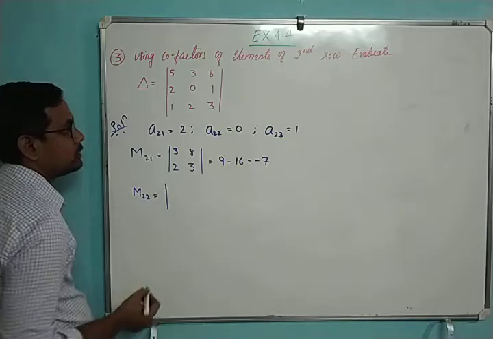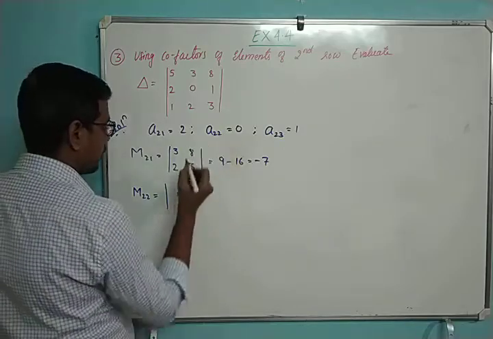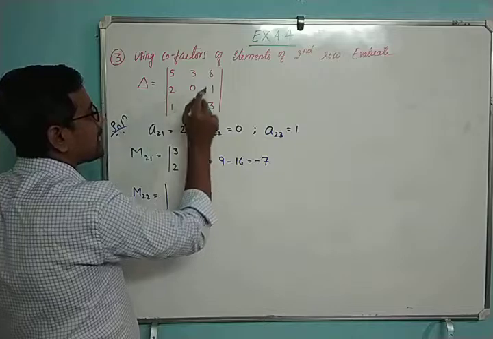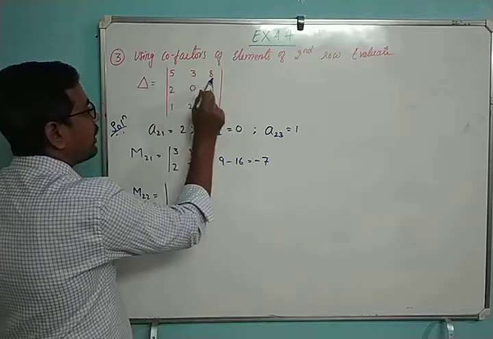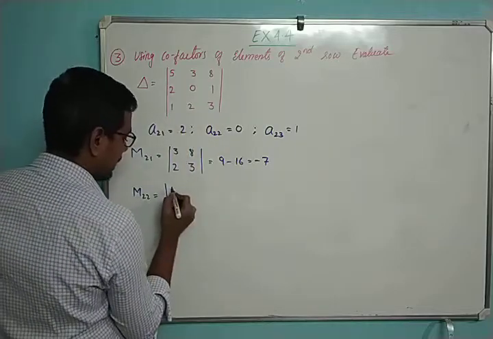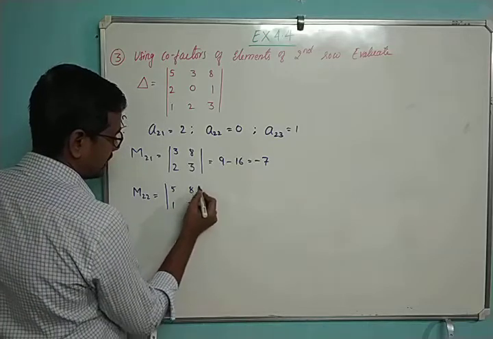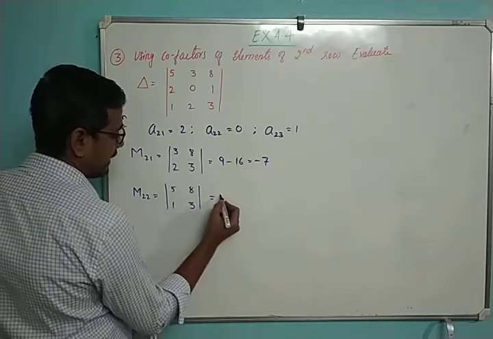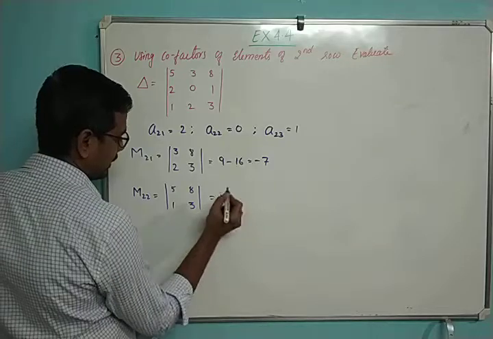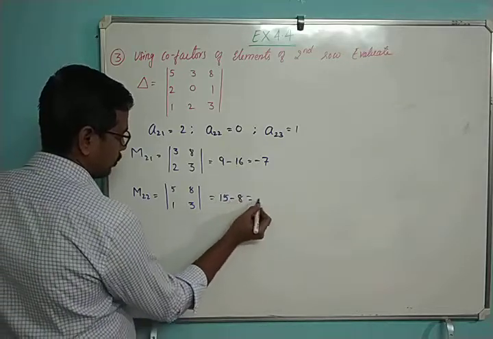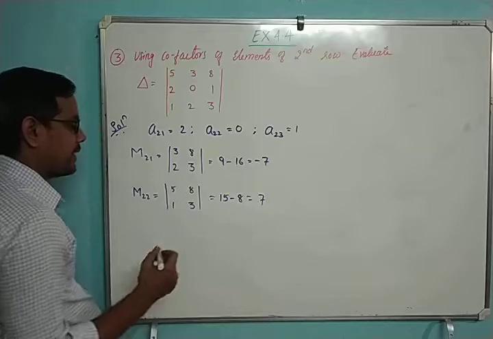M22 is the minor of a22, which is 0. Leave the second row and second column. What is left is 5, 8, 1, 3. So 5 into 3 is 15, minus 8, which is equal to 7.